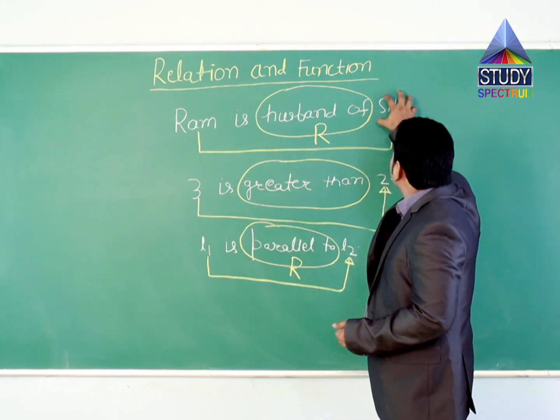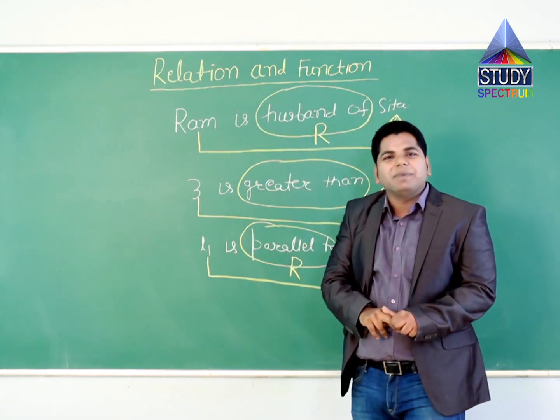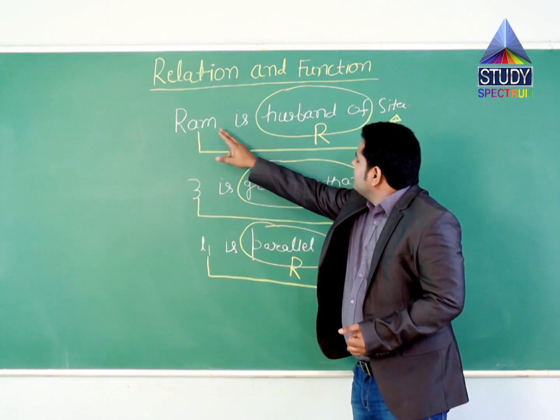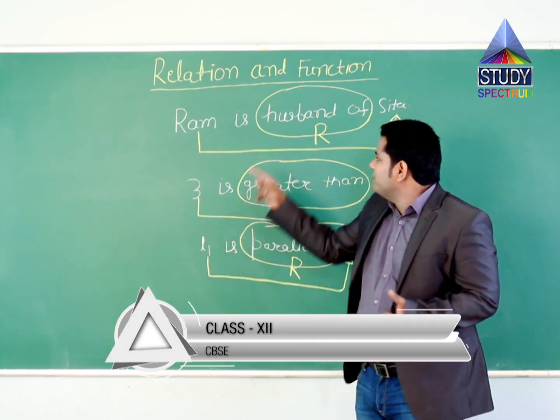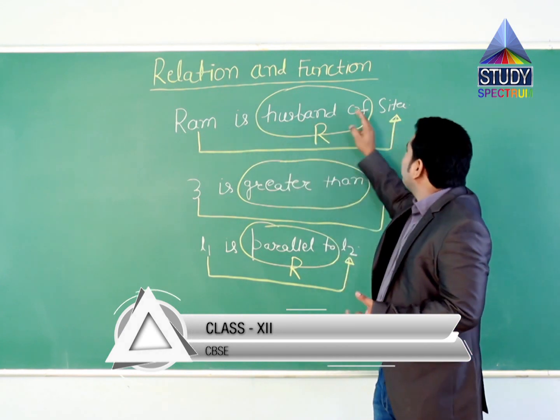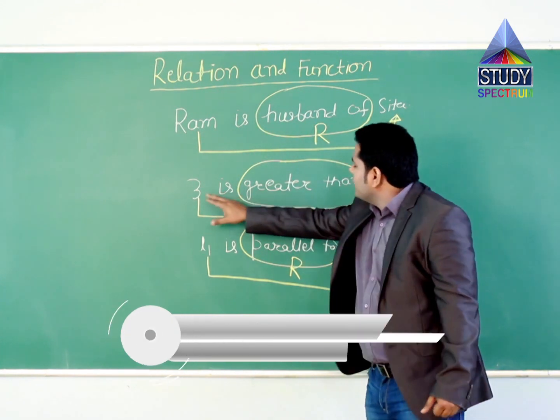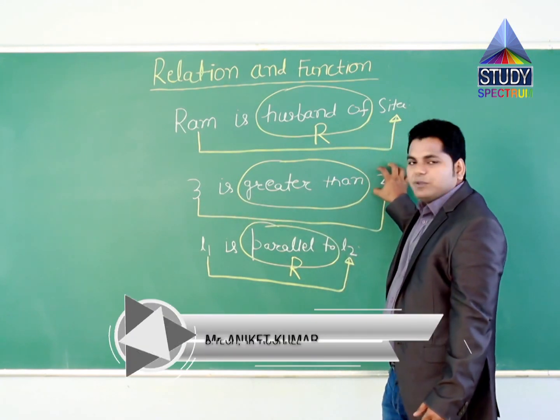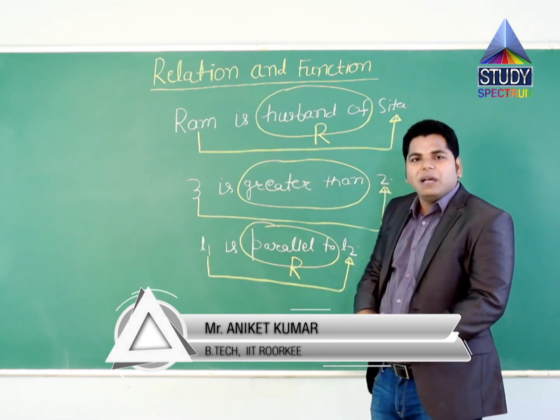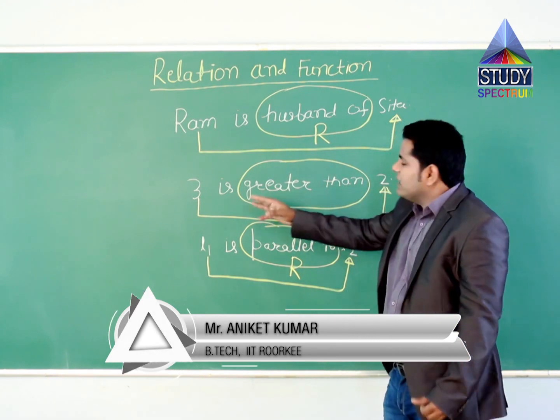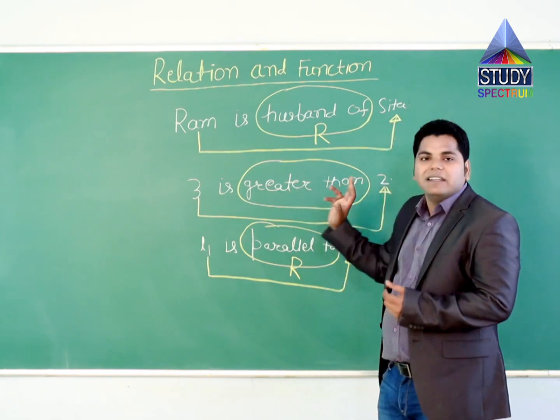Okay. Now, one more thing is important here. If we interchange Sita and Ram, what will happen? Now, Sita is related to Ram with a new relation, which becomes Sita is wife of Ram. Now come to the second example. If you interchange the position, if you take 2 here and 3 here, what will happen? 2 is related to 3 with a new relation which is less than.